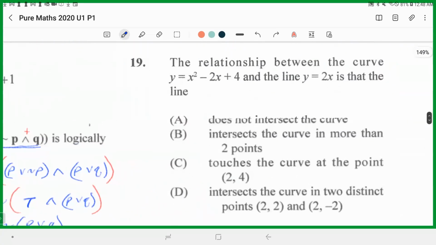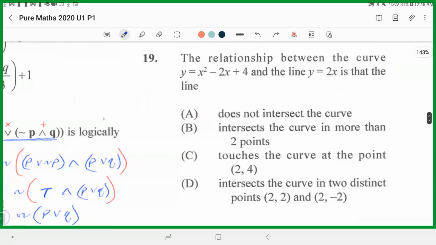This one says the relationship between the curve and the line. And here now they're talking about the nature of the root. So it's like you're trying to solve them simultaneously. If the line is tangent to the curve, it means that the quadratic equation you get when you put them together will have equal roots. But let's get the equation first.